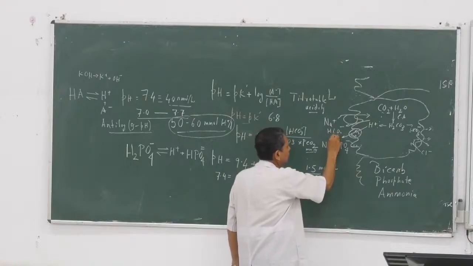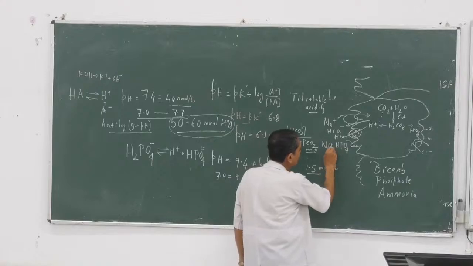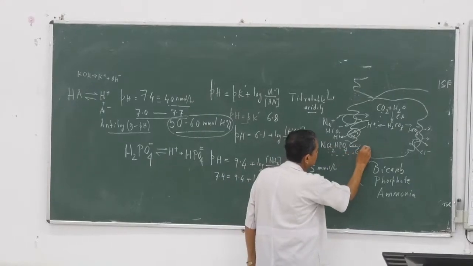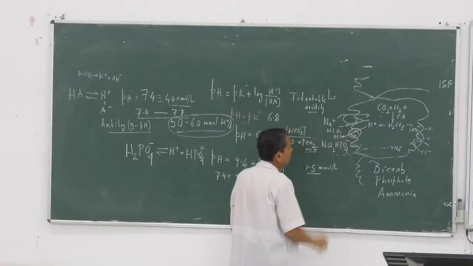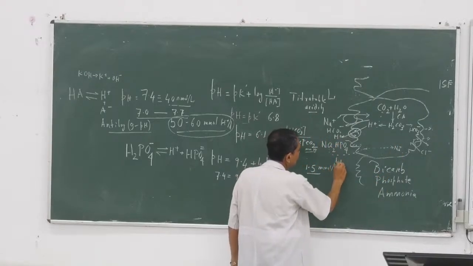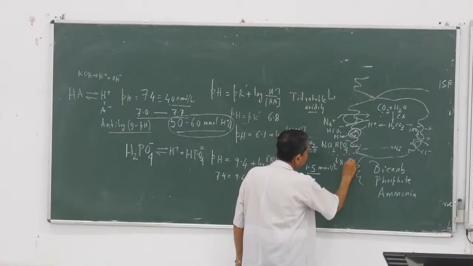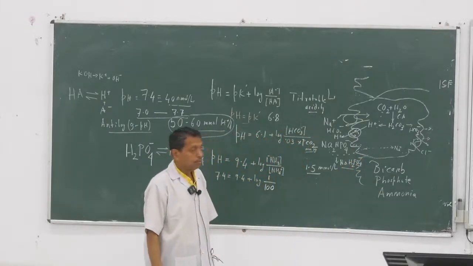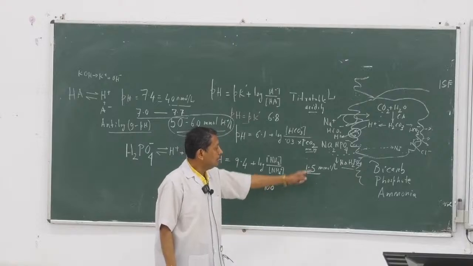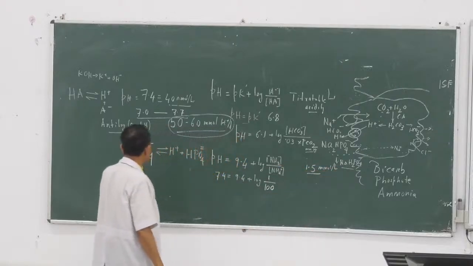This hydrogen ion is coming, and sodium ion, one sodium ion is entering, and it is converted into NaH2PO4, acid phosphate. Monobasic, the acidic form, this form.